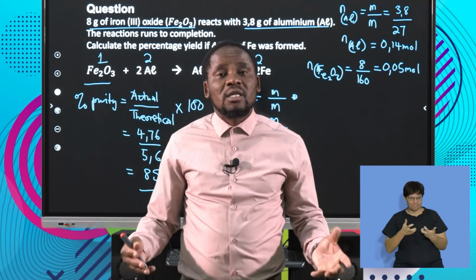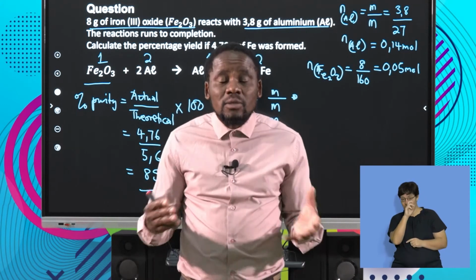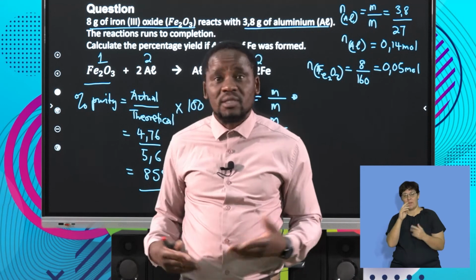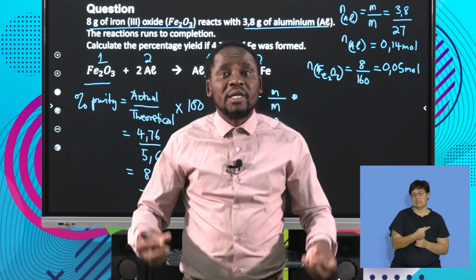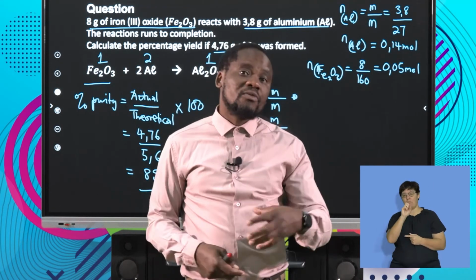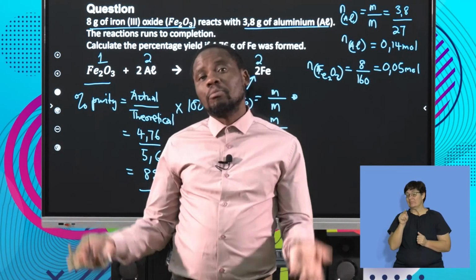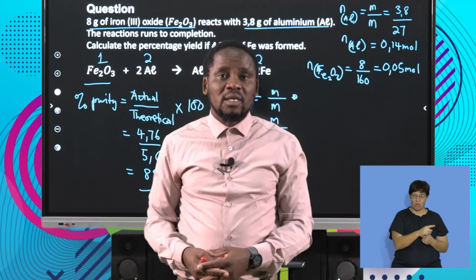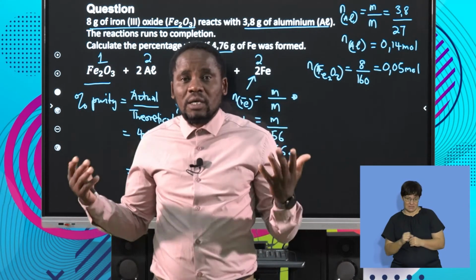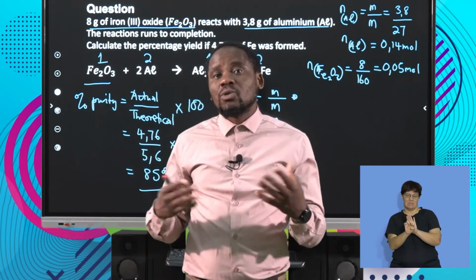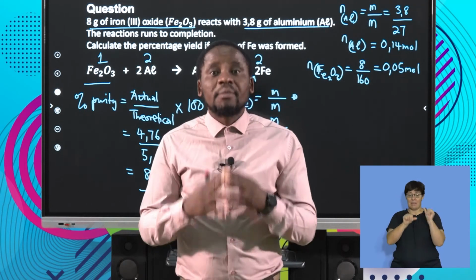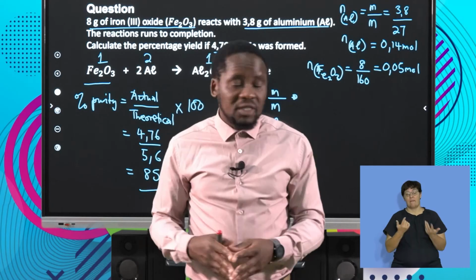We understand that the mole is the SI unit of the quantity of matter. So we don't talk grams, kilograms, tons when we talk amount of matter in a chemical reaction, but we talk of the moles, which is why we always go back to the formula, number of moles is equal to mass over molar mass. This is just one of the examples to say that as long as there is a chemical change or a chemical reaction, stoichiometry will always be featured, right?